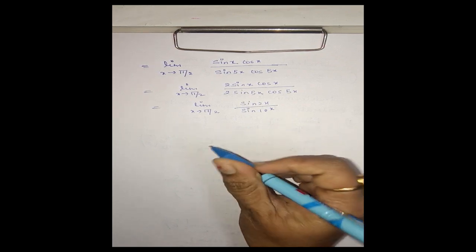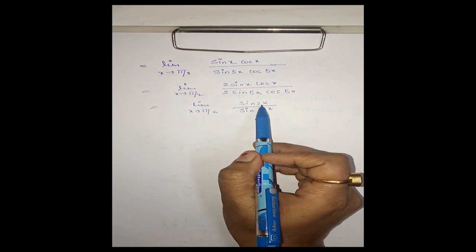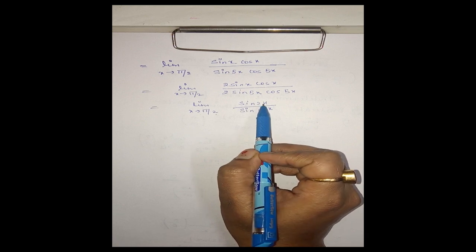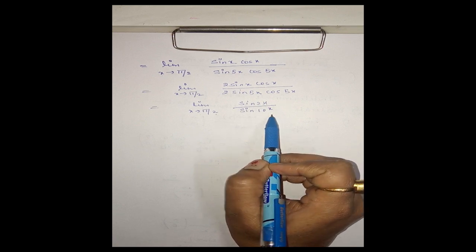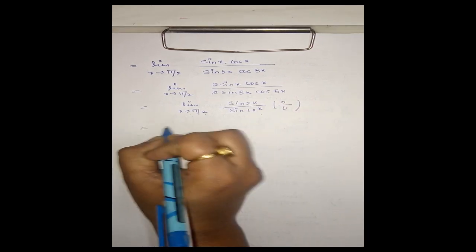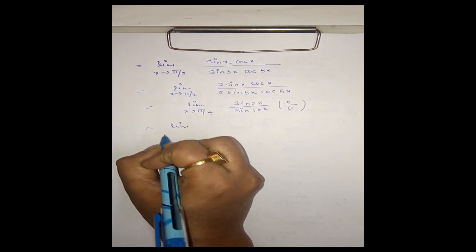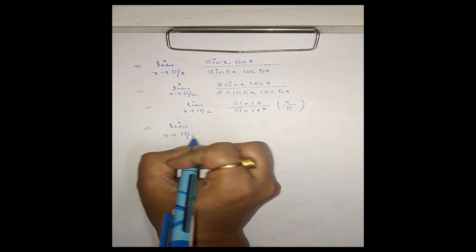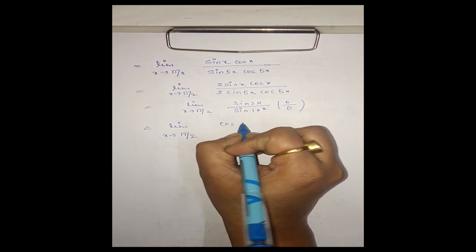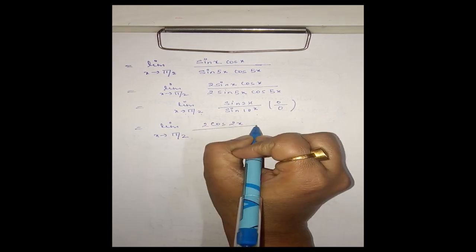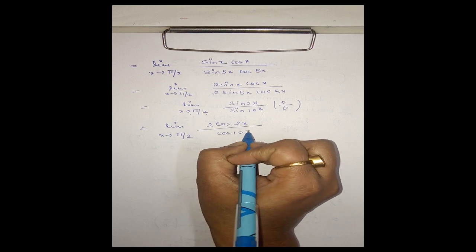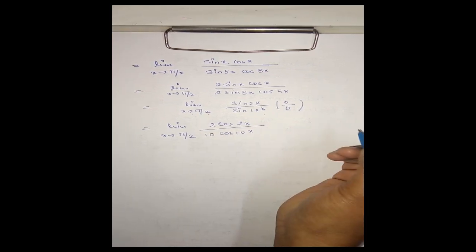Now here on taking limit as x tending to pi by 2, this will be sin pi, and here I have sin 5 pi, which is 0 by 0 form. Now again applying L'Hopital rule here, this is limit x tending to pi by 2 of cos 2x into 2, and here cos 10x into 10.